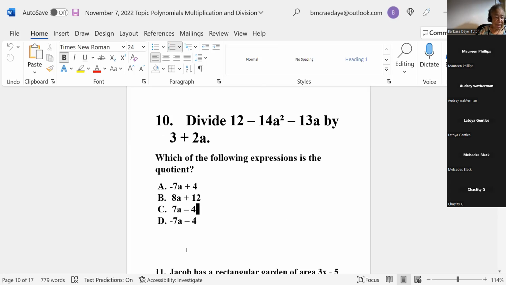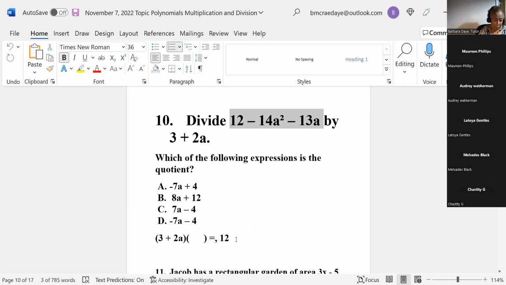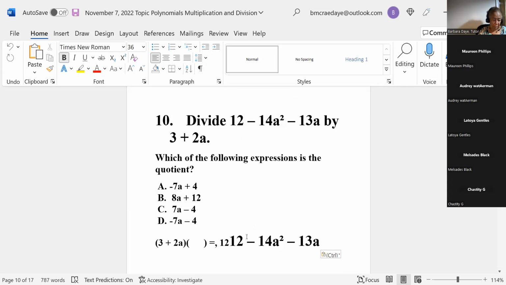So what you're really saying is, let me just put it here, you're saying 3 plus 2a times something equals 12 minus 14a squared.